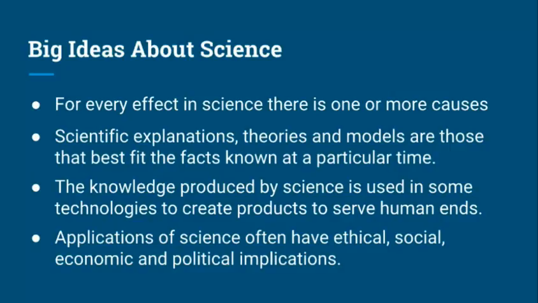Scientific explanations, theories, and models are those that best fit the facts known at a particular time. Science is constantly evolving. It's not the same. In other words, what we learned when we were going through school has changed quite a bit, and we classify things differently.